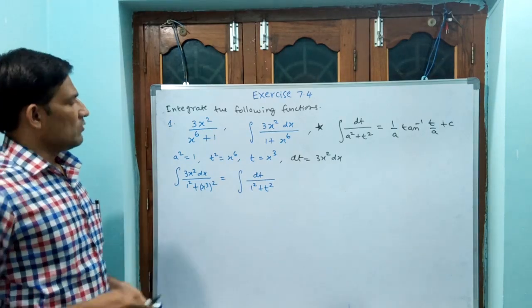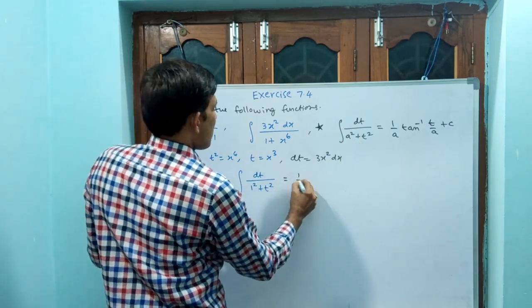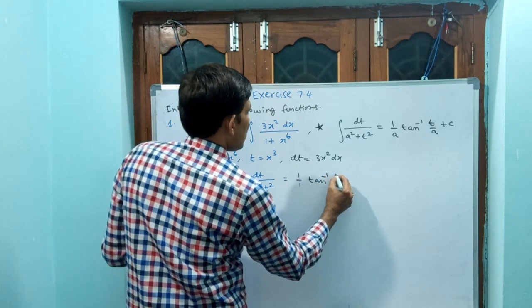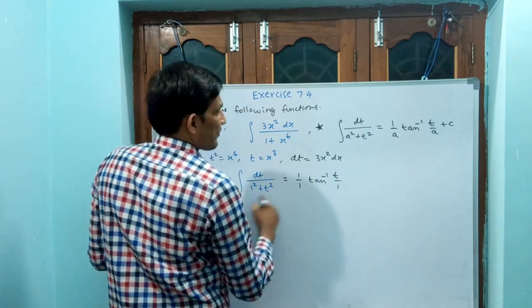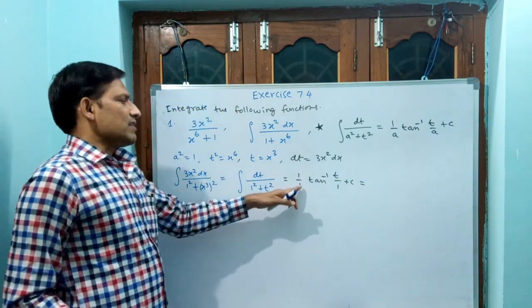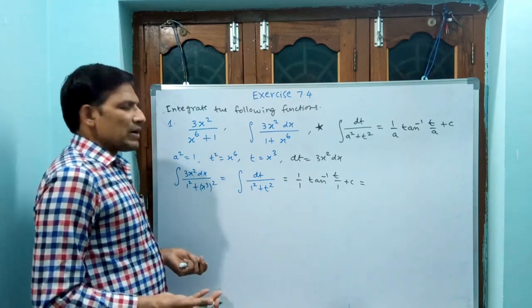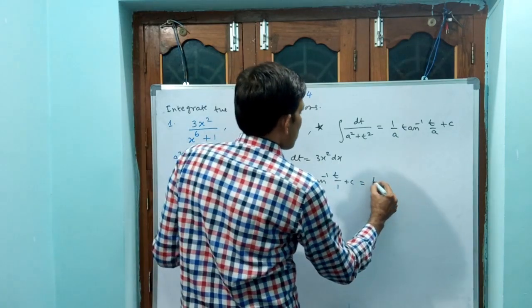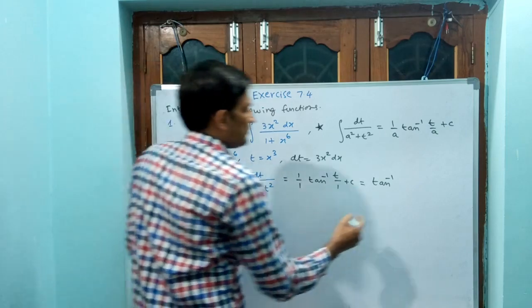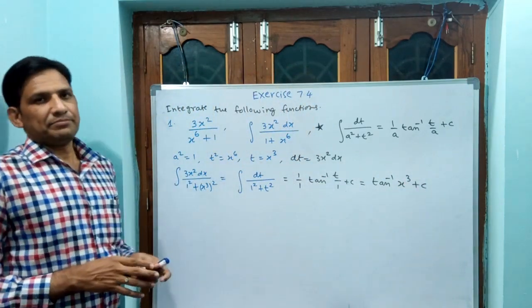Now that is equal to 1 by 1 tan inverse t by 1 plus c. For understanding I have written 1 by 1 and t by 1, but we need not write it, because dividing by 1 we need not write. Tan inverse t, and t means x cube, plus c. That is the answer.